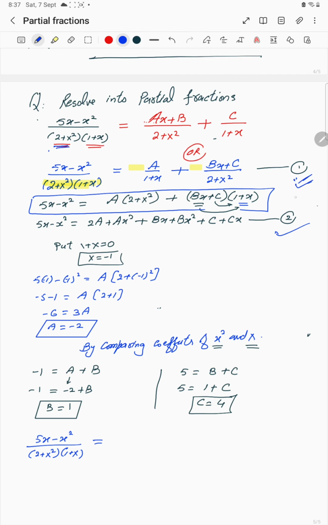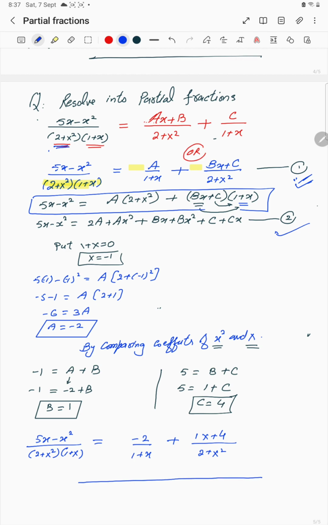So we can only replace the values of a, b, c here accordingly, otherwise the coefficients will be jumbled up. So for the linear term, a is minus 2 over 1 plus x, plus bx plus c, where b is 1, so x plus c, which is 4, divided by 2 plus x square. This is the final answer.